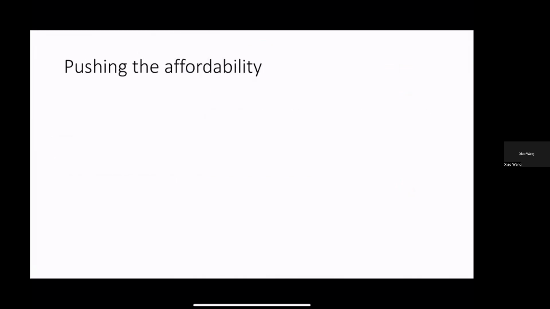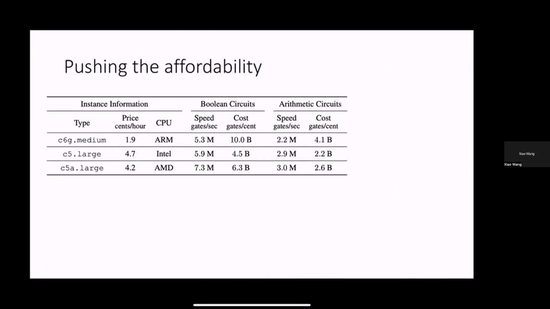We also push the affordability of this type of zero knowledge proof to the extreme. These are the smallest AWS instances that don't have burst performance, so they give a constant ratio of performance. The first one is ARM, which is the most economic one, and on it we can still compute roughly 5 million gates per second.